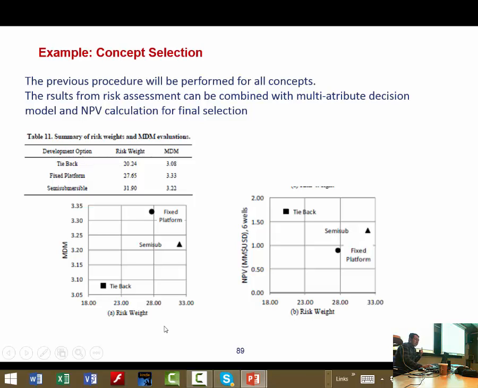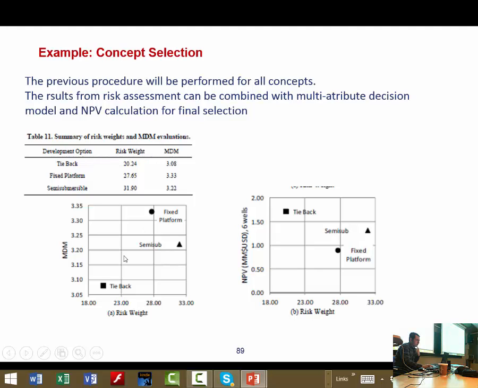And now this risk weight will help you to identify these concepts from each other. So here you will finally make these two tables, one with the multi-attribute decision making model and risk weight, and one with risk weight and net present value. You should select the concept that minimizes the risk and maximizes the multi-attribute decision making model.